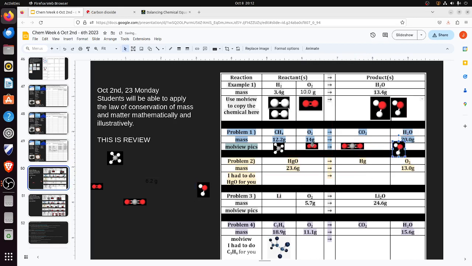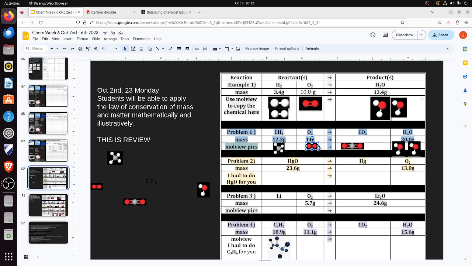Now we have 2 red atoms coming in and 3 coming out. And we have 4 white atoms coming in and 2 white atoms coming out. So I'm going to double the water to balance those white atoms. And finally, now we have 4 oxygen atoms.